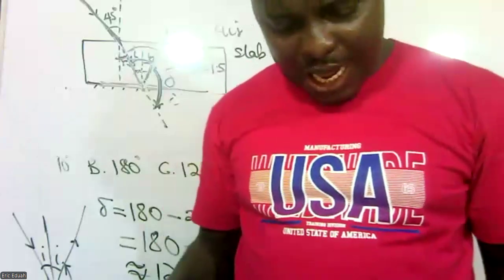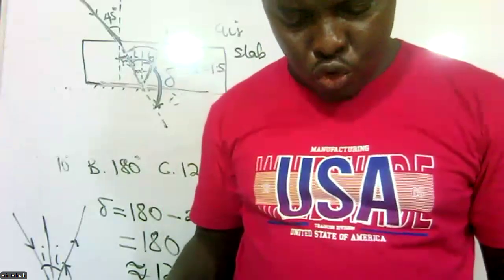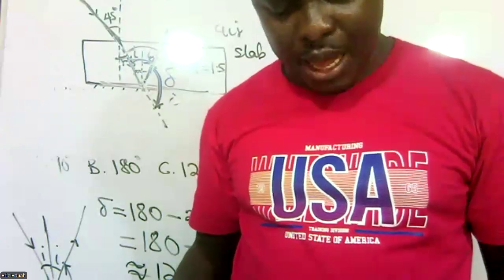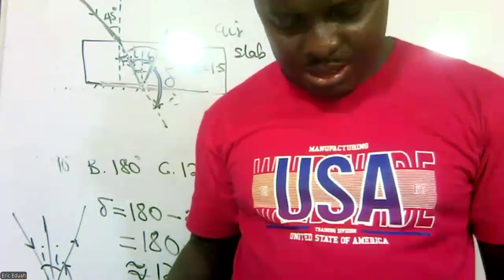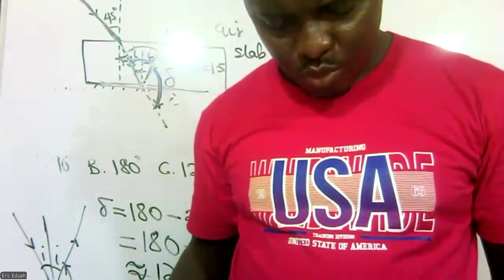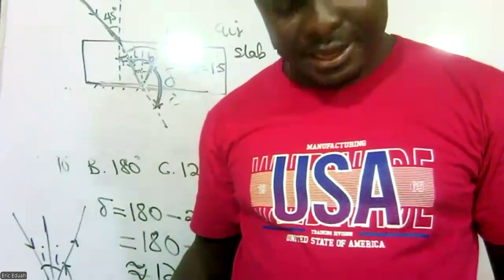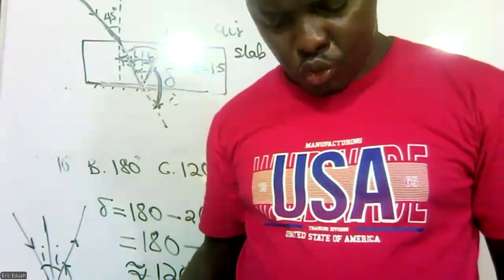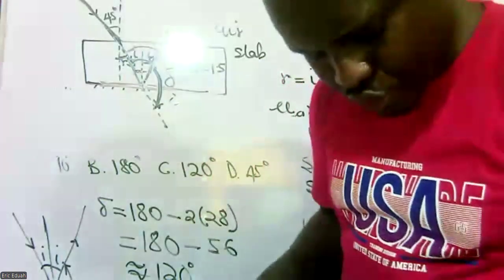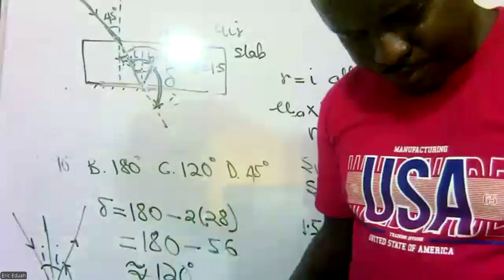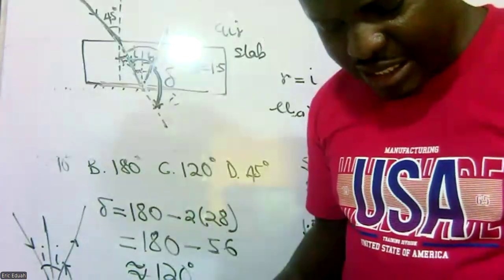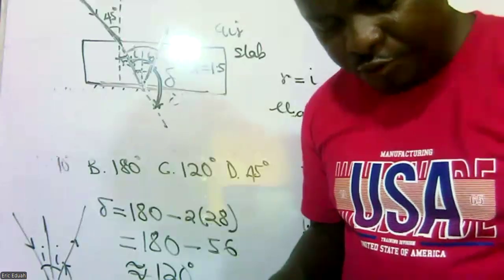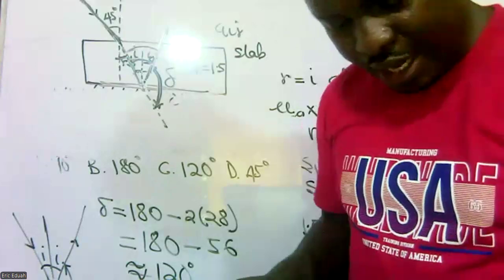If the speed of light in ice is 2.3 times 10 to the power 8 meters per second, what is its index of refraction? What is the index of refraction of ice?